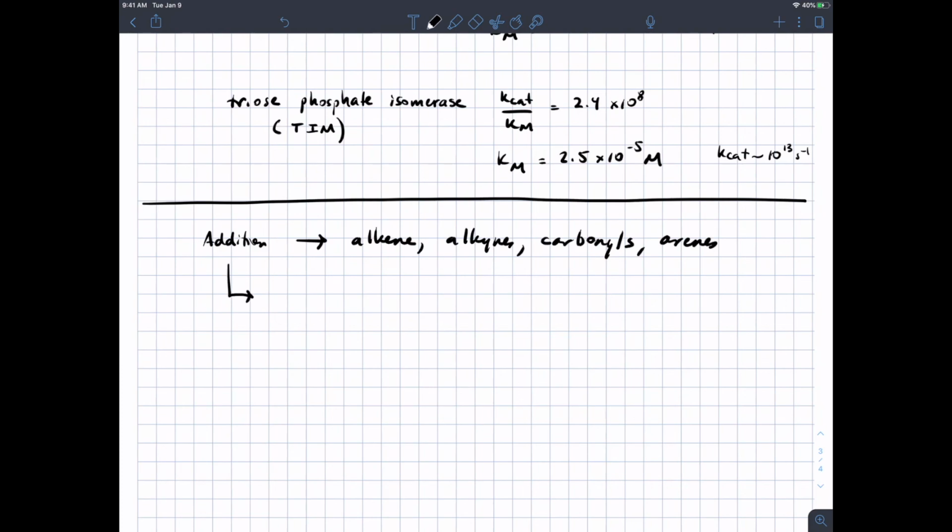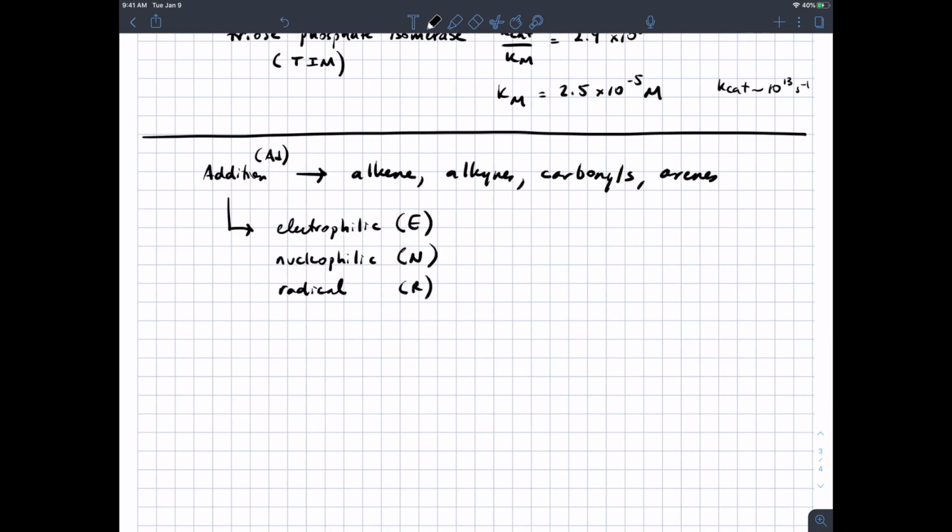We classify them as electrophilic, where you add an electrophile to, and the abbreviation for addition is AD. You add an electrophile to your alkene, alkyne, etc. You can also have nucleophilic addition. We tend to see that most with nucleophilic addition to carbonyl compounds. And then there's also radical addition to these kinds of compounds.